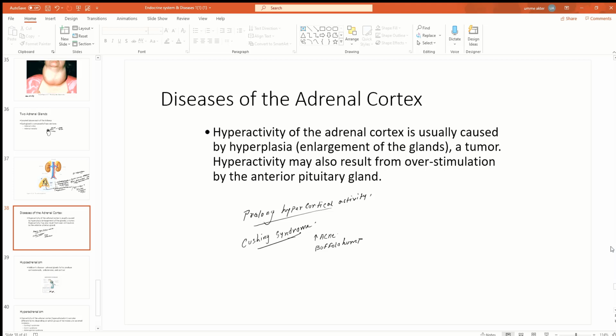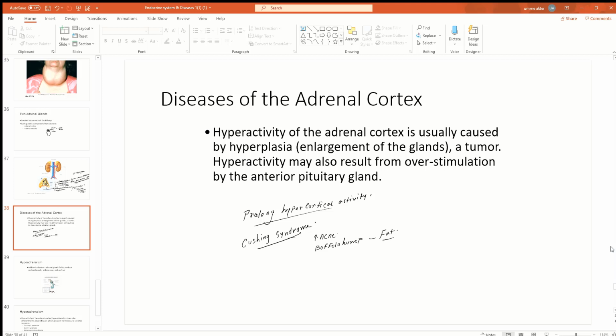Okay, buffalo hump. Buffalo hump is in the back of the shoulder and neck. A thick pad of fat accumulates, so the back looks like a hump.